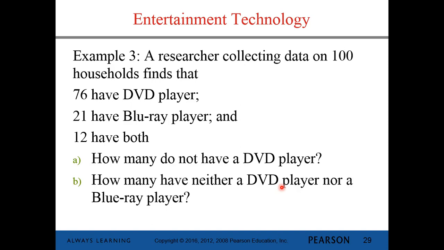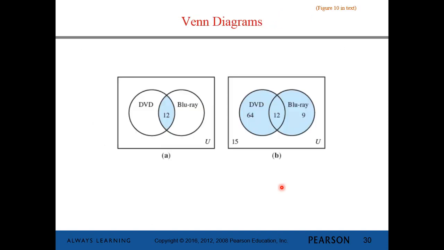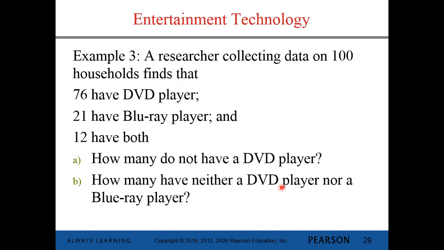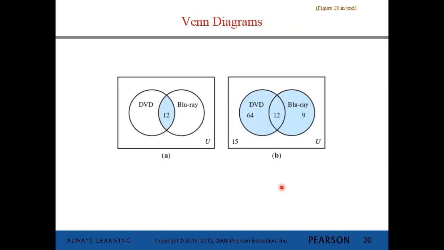B, how many have neither a DVD player nor a Blu-ray player? Well, if we look at how many people do not have a DVD player, that would be outside the circle of people that do.